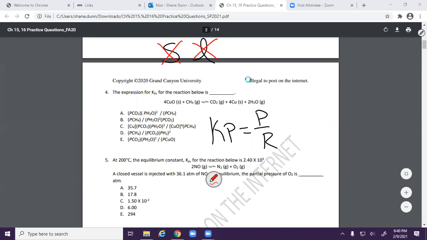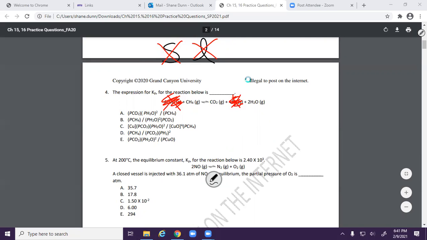You guys like it in lab when something actually happens. If nothing happened in lab, it would be very boring. So I'm crossing that guy out because it's a solid. I'm crossing this guy out because it's a solid. We don't want solids. They don't do anything in chemistry. They're just a hunk of rock. They don't really react.